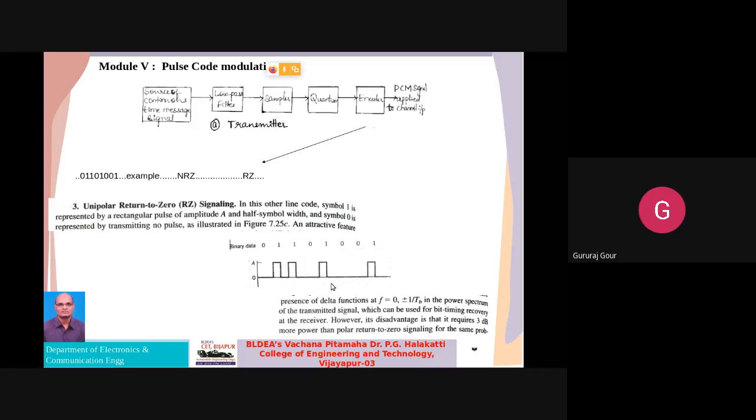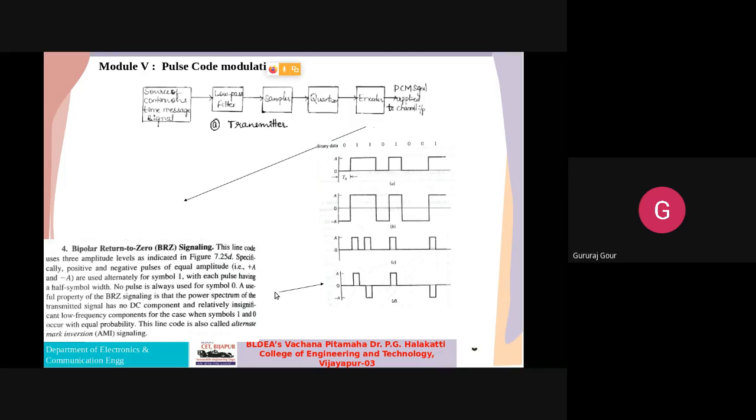This is a very important feature of this unipolar RZ signaling. But it itself becomes a limitation, as it requires 3 dB more power than polar return to zero signal. So one advantage and one disadvantage like this.